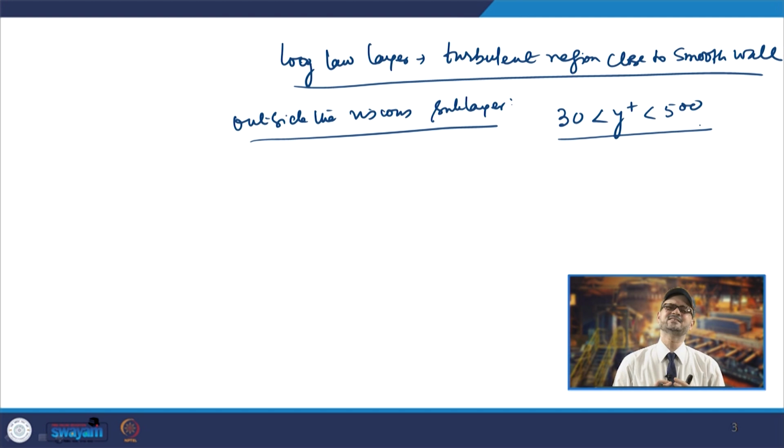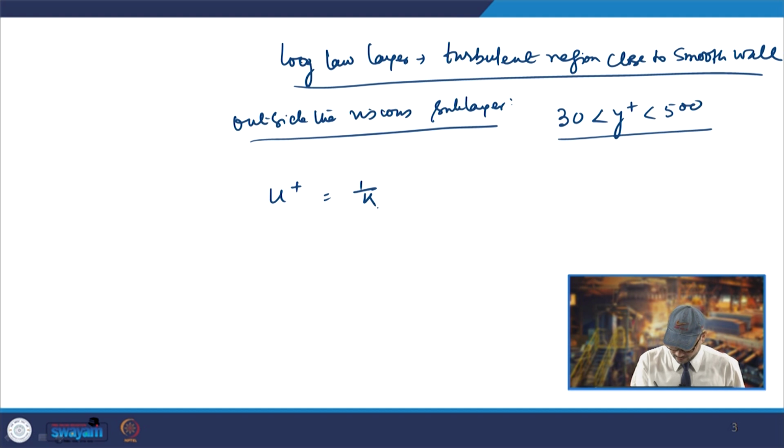Now, in this case the shear stress tau will be varying slowly with the distance from the wall, and within the inner region, for y plus between 30 and 500, you are assuming the shear stress to be constant and equal to the wall shear stress in that thin region.